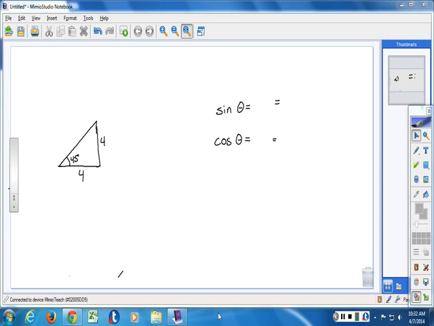Opposite over hypotenuse, which is 4 over whatever our r is going to be. What about cosine? It's the adjacent side, right? So 4 over r again. Well, interesting. Now, is the r going to be the same between them? Well, I sure hope it is, because it's the same triangle, so the radius is going to be the same. Well, what's interesting about those? Exactly the same. They're going to be the same.